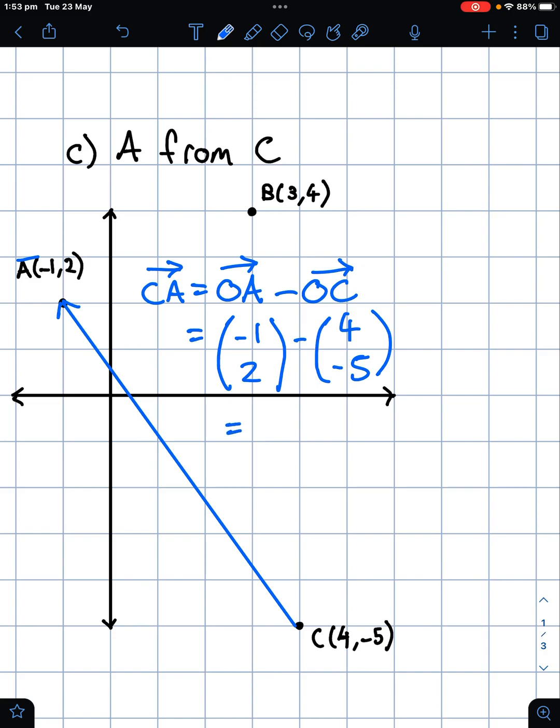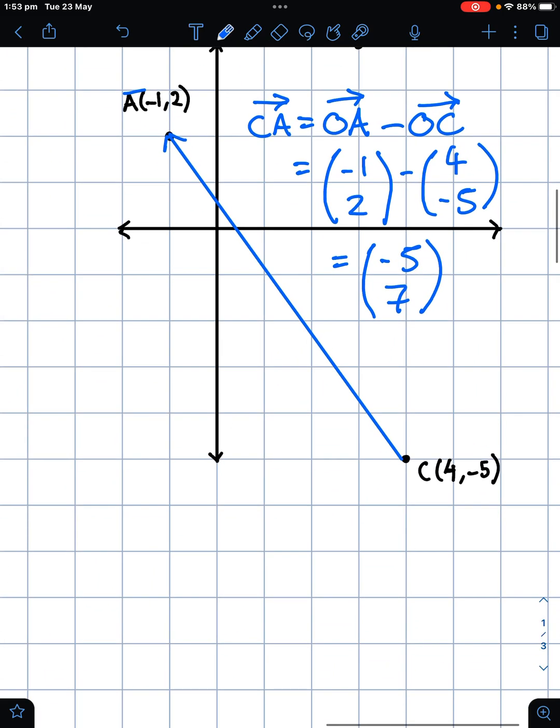So -1 take 4 is -5, and then 2 take -5 is 2 plus 5, which gives us 7. That means we go -5 in the x direction, so 1, 2, 3, 4, 5, perfect, and we go up 7, 2, 4, 6, 7, perfect.